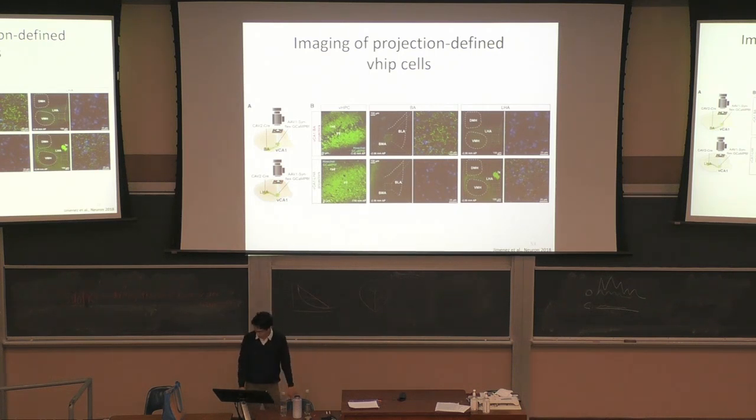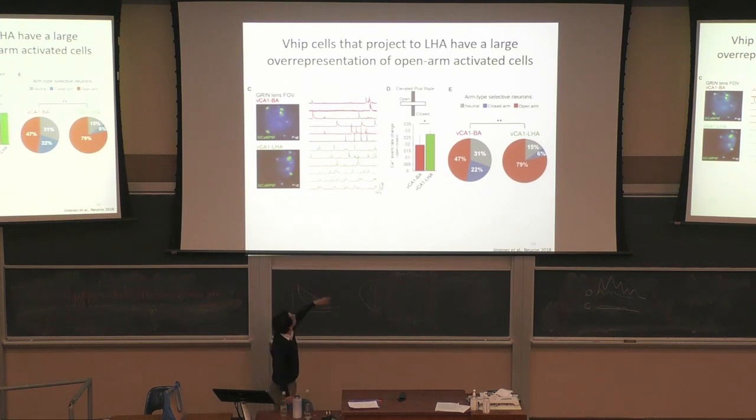Okay, so they use this to express GCaMP selectively in cells that project to one place or the other. And then they record from them in the elevated plus maze. So they get some calcium transients. And here's what they find that's cool. They find that the cells that project to lateral hypothalamus have a bigger difference in activity between the open and closed arms than cells that project to amygdala.